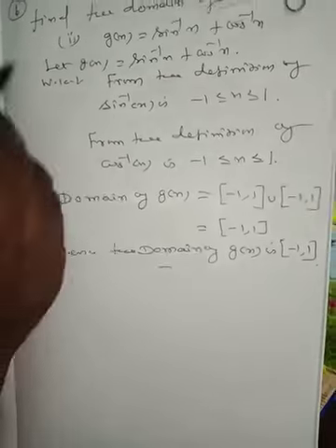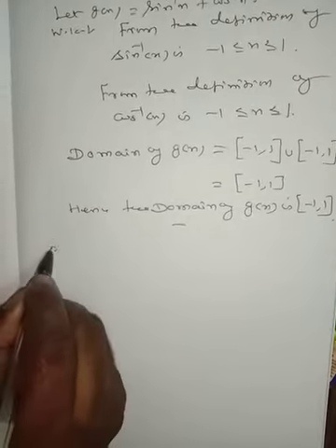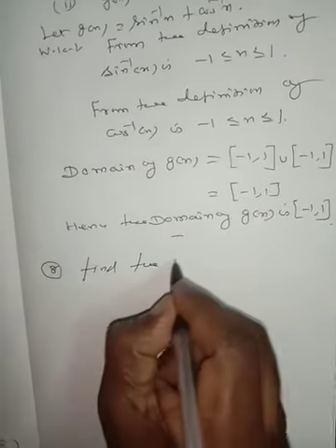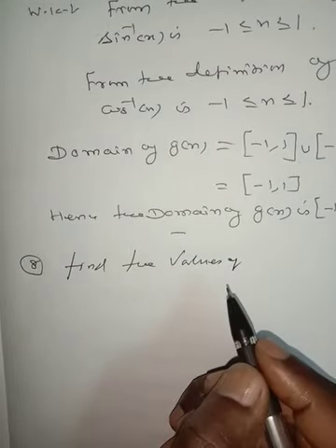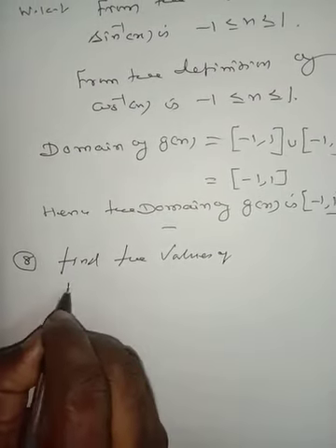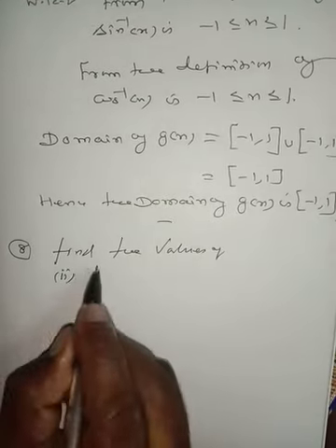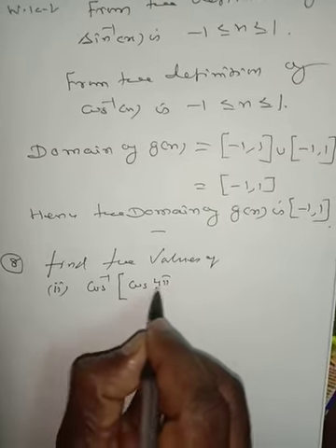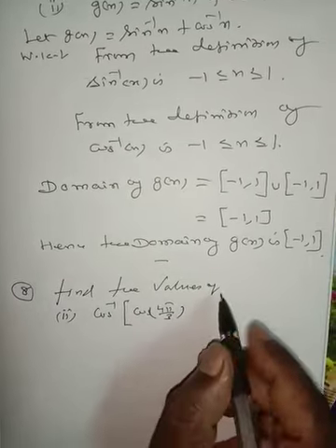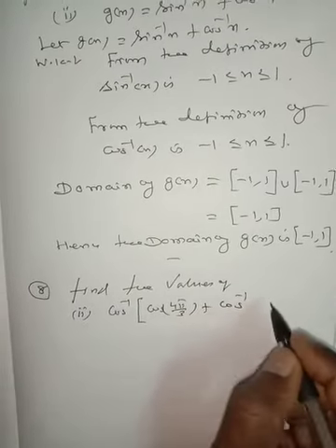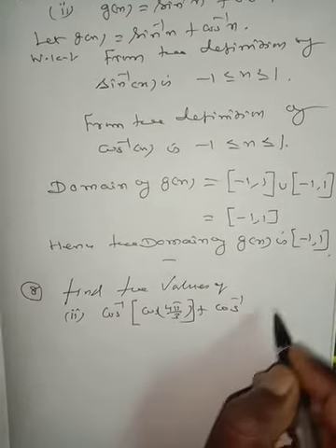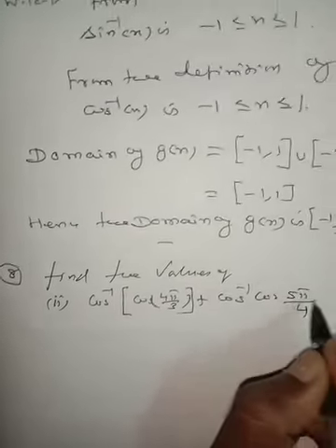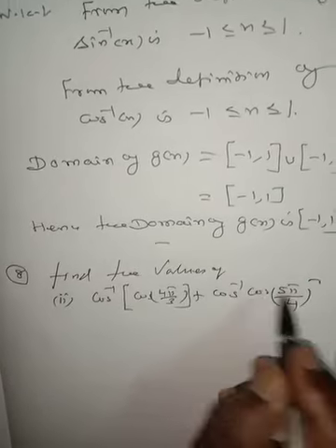Next, question number 8. Sum number 2. Find the values of cos inverse of cos 4 pi by 3 plus cos inverse of cos 5 pi by 4.